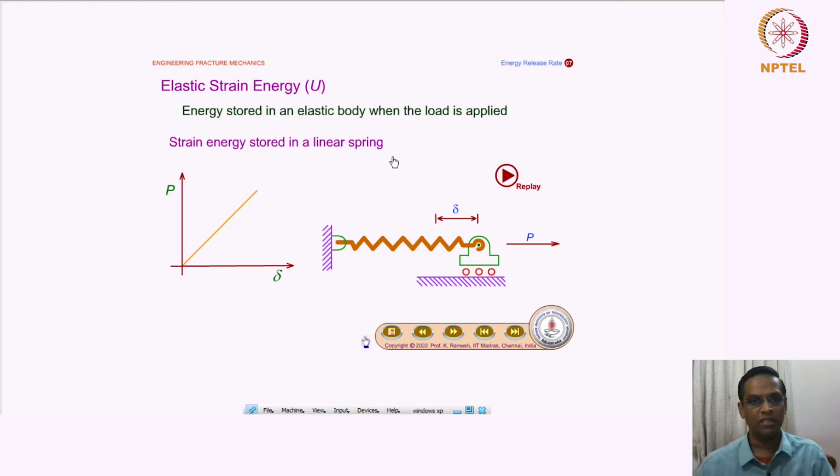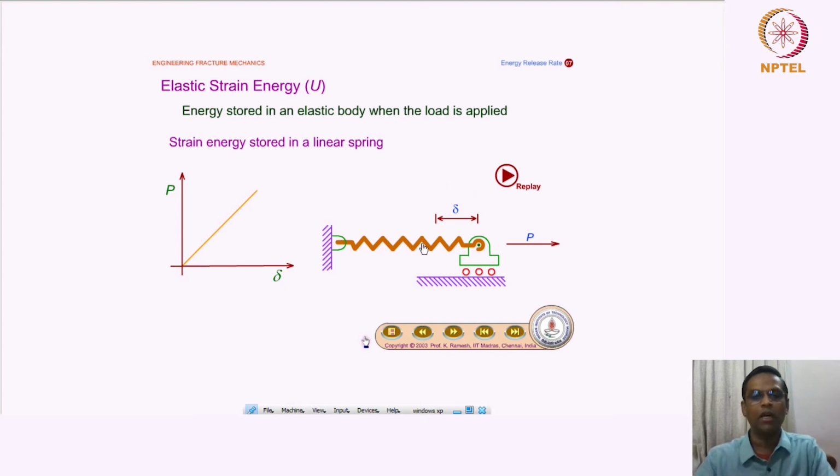These small definitions and the associated simple mathematical expressions will come in very handy to explain the energy of crack formation and so on. So we'll just try to understand these concepts for completeness.